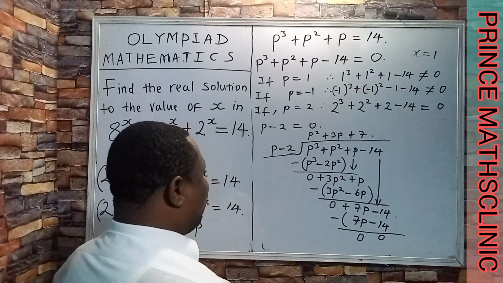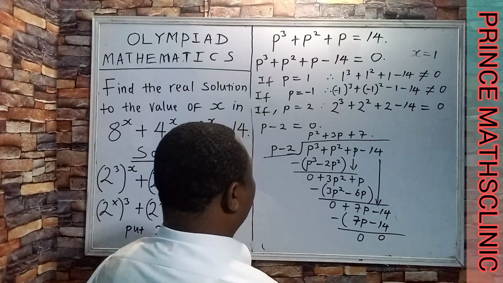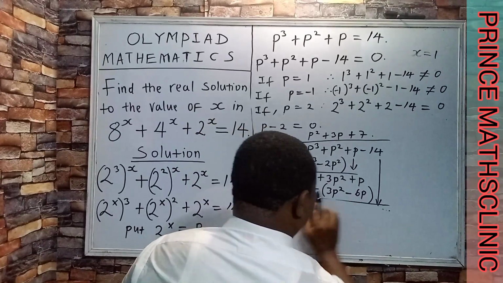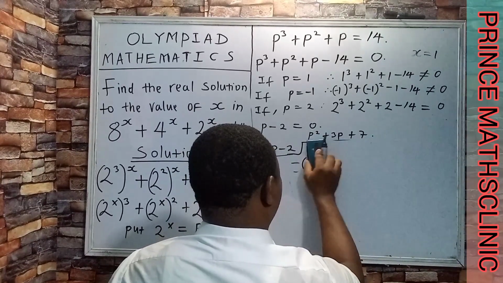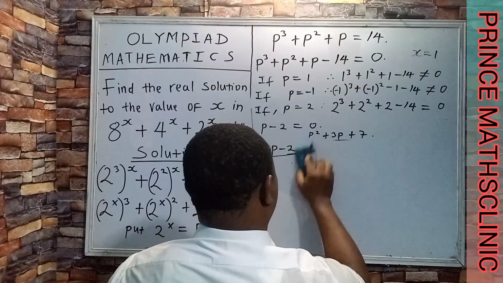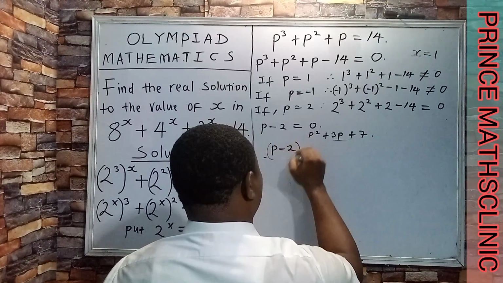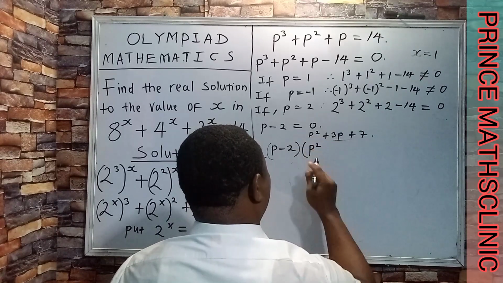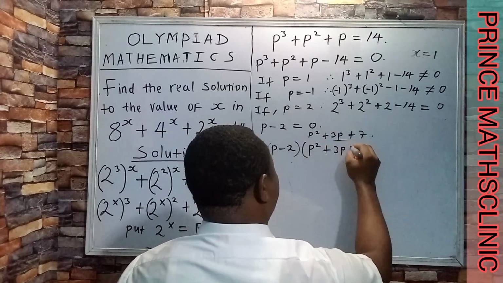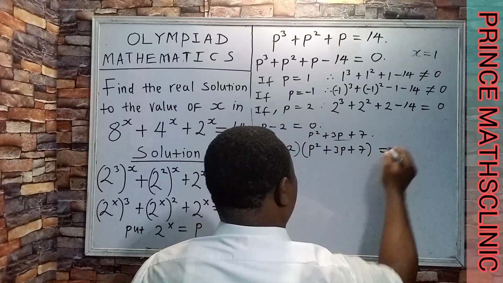So therefore, what's our conclusion? It then means that our p minus 2 multiplied by p squared plus 3p plus 7 equals 0.